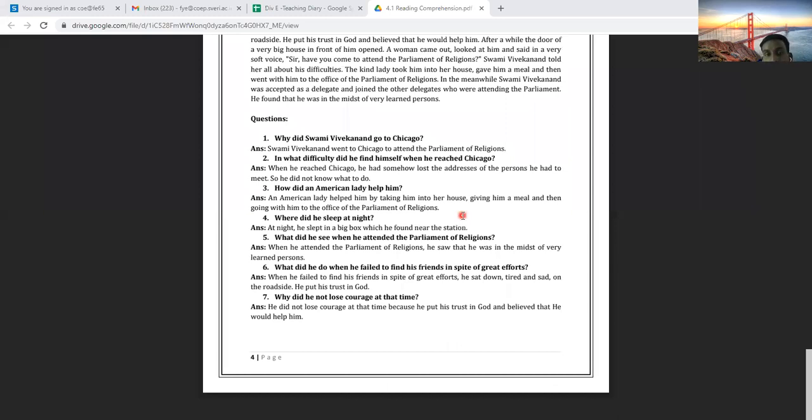Okay, is there any question, difficulty, comprehension बद्दल असेल, or maybe about dialogue writing बद्दल असेल? If not, yes, Nagesh.